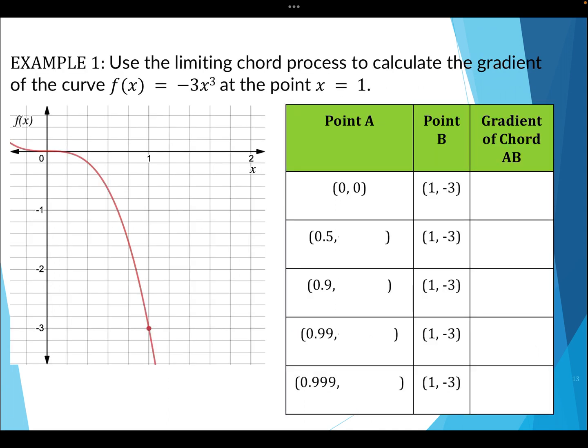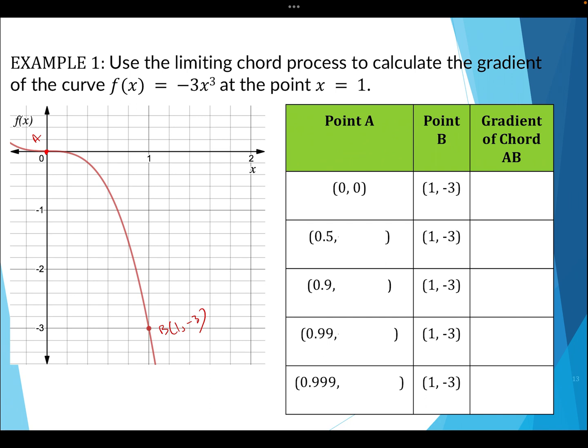Alright? Now, I would like you to try this example. Using the limiting chord process, calculate the gradient of the curve f(x) equals minus 3x cubed at the point x equals 1. I've given you the first one. The point A is here. This is the point B, (1, minus 3).